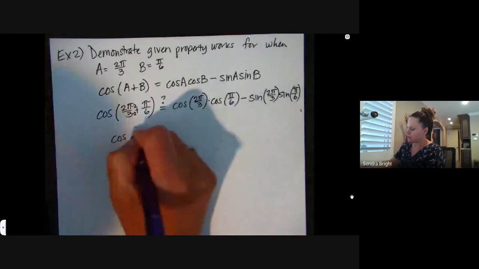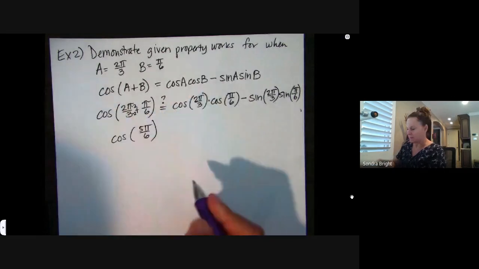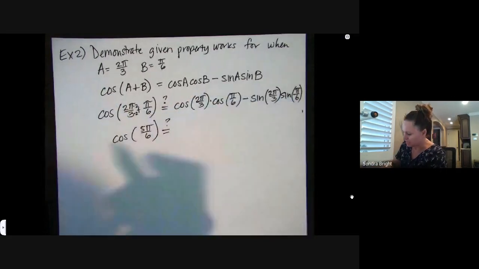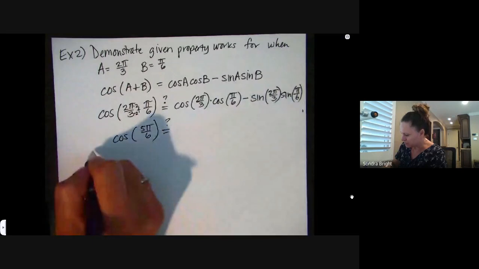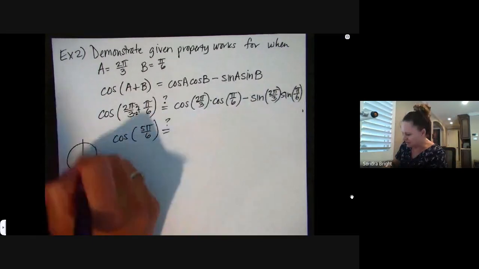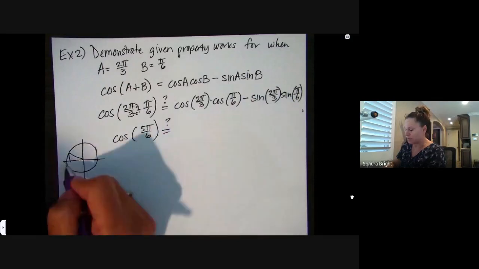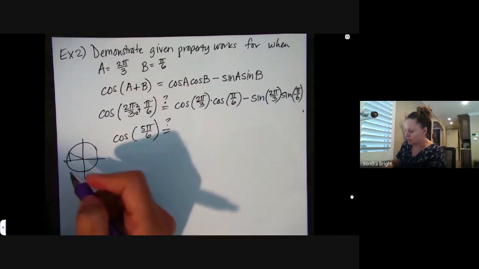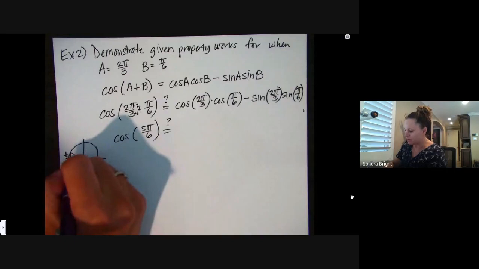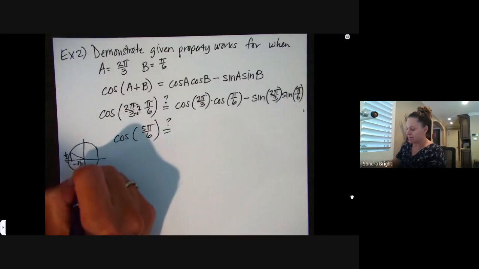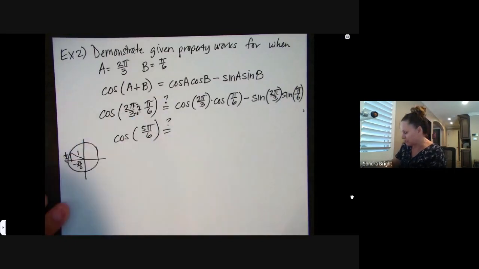And is it equal to that side? Okay, so let's figure out what these angles are. Cosine of 5 pi over 6. That's this guy. That's a 30-degree reference angle, but in quadrant 2. So it's a shorty. 1/2, negative rad 3 over 2, 1. So cosine of it would be negative rad 3 over 2.